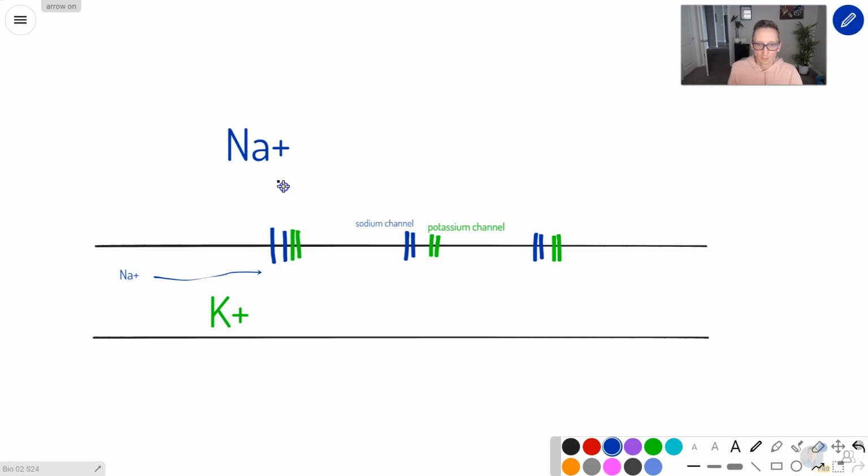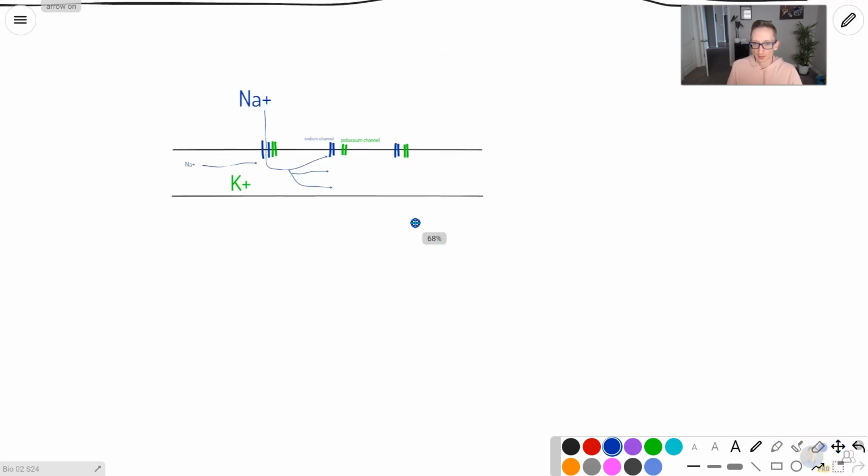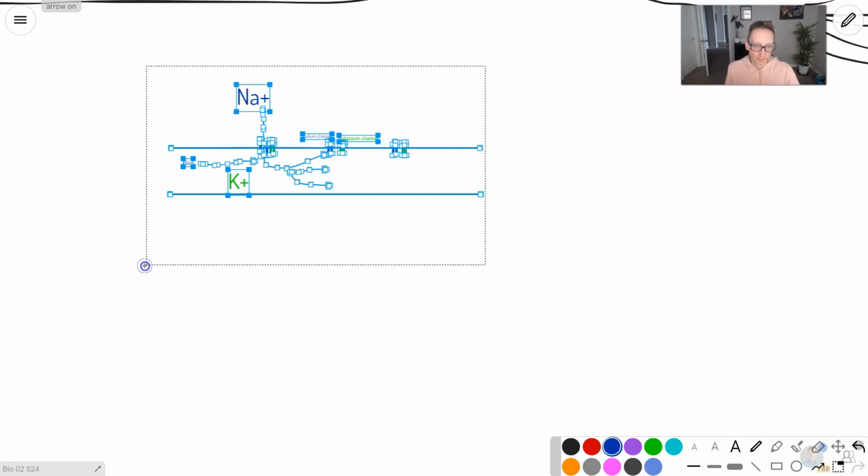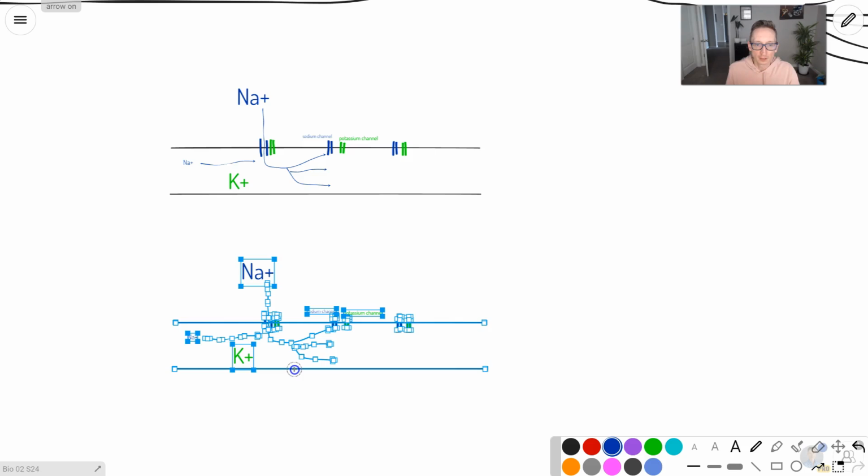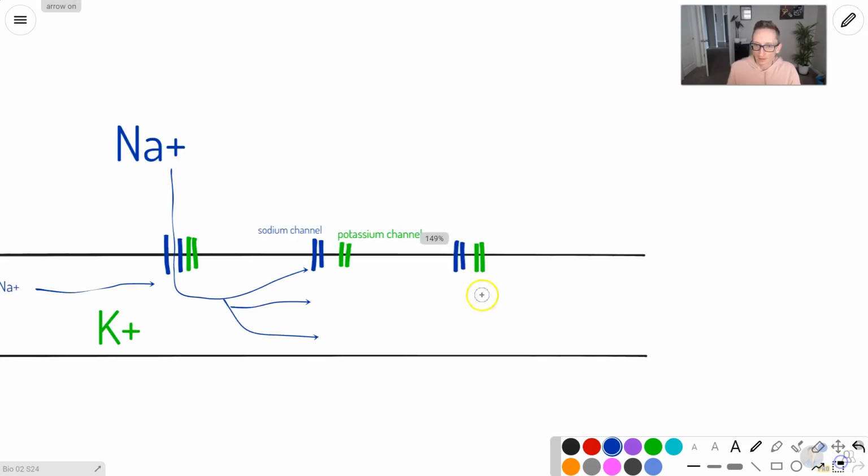So now it's open, and this allows more sodium to rush in. What's going to happen? This sodium channel is now going to open. It's pretty nifty.